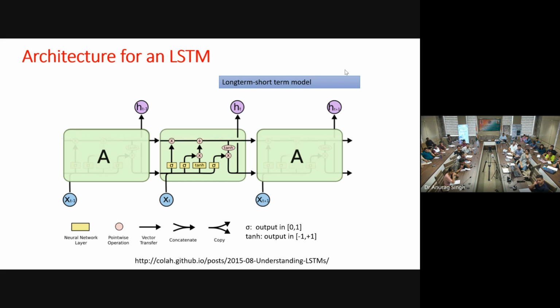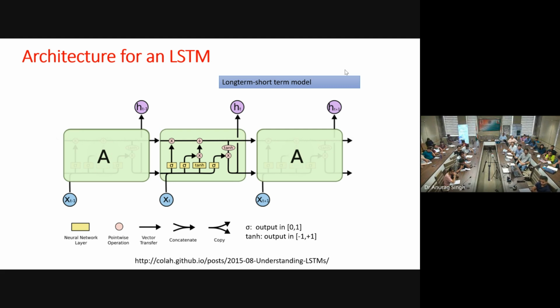So you think about this as a kind of conveyor belt. At time t minus 1, the conveyor belt was having this content. After t, the conveyor belt will have information c t. After this, it will be your c t plus 1. So this conveyor belt is moving, and with time this information keeps on changing.